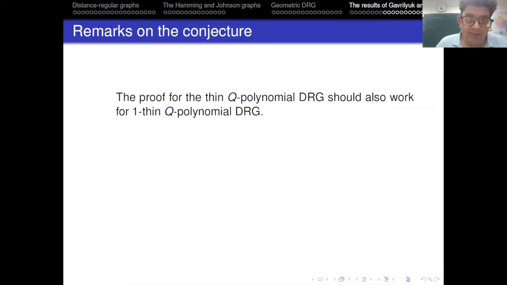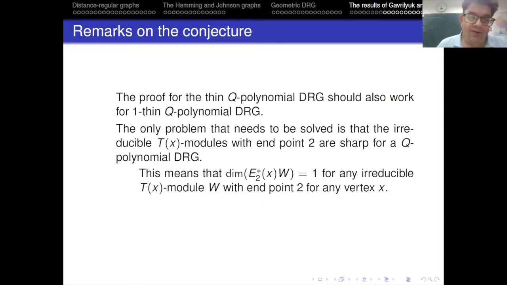The only problem that needs to be solved is that the irreducible T_x-modules with endpoint 2 are sharp for Q-polynomial distance regular graphs. It's sharp. That means that the dimension of the vector space E2* W is 1 for any irreducible T_x-module W with endpoint 2, for any vertex.